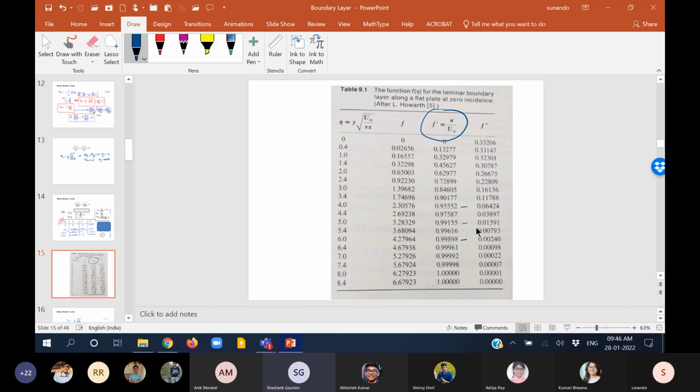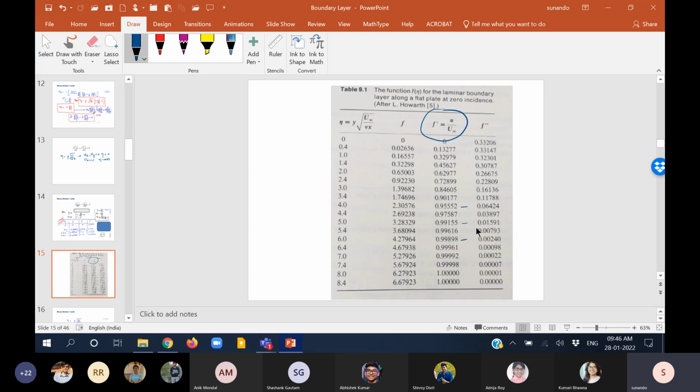Sir, at eta equals 5, it is the edge of the boundary layer because here Vx by u is equal to 0.99. Perfect. So at eta equals 5, Vx by u is equal to 0.99. Of course, it would not be exactly 0.99, probably maybe at 4.95, but that doesn't matter.